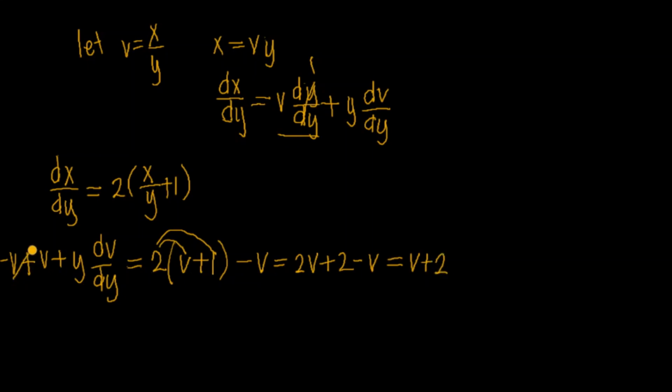So this cancels out. We're left with y dv over dy is equal to v plus 2.